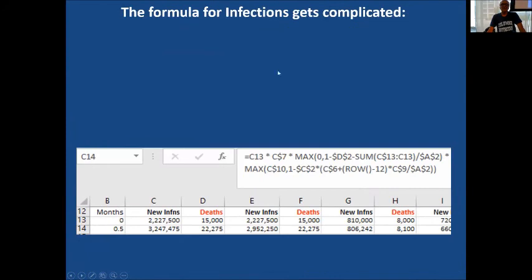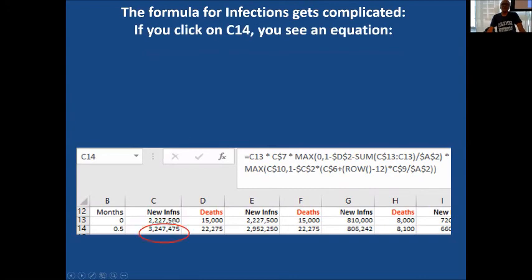And the formula for infections, though, gets complicated. It gets very complicated in the waves tab. I won't even show you the formula there. But even in the main tab, it gets complicated because we need to know how many people are still vulnerable.